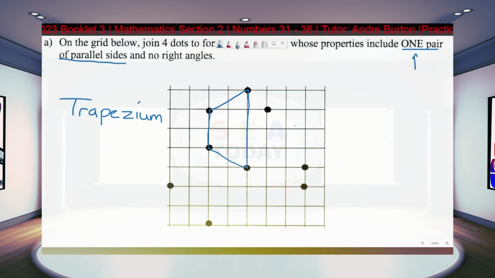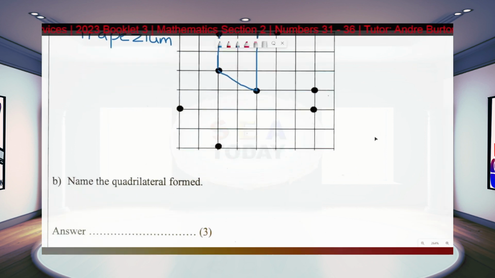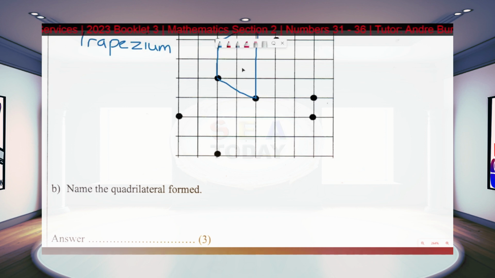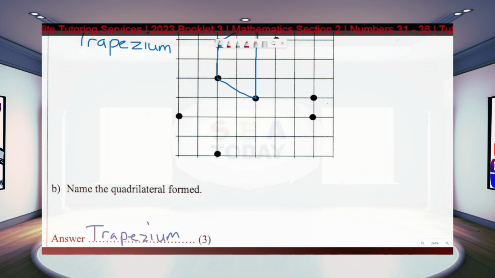Both trapeziums, and they have 1 pair of parallel sides, and they have no right angles. So that's it for this question. Then they say name the quadrilateral formed. Well, we already did that. That's the trapezium. And we did all of that work for a nice chunk of 3 marks. Alright, so that is that question.